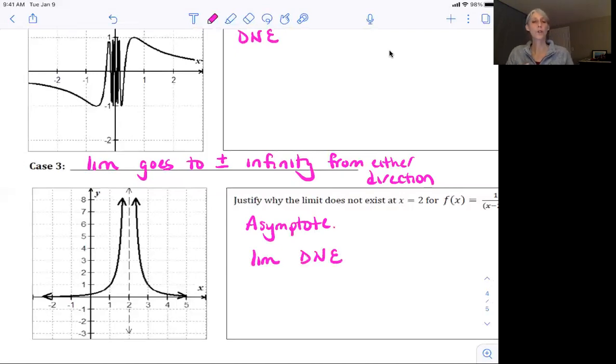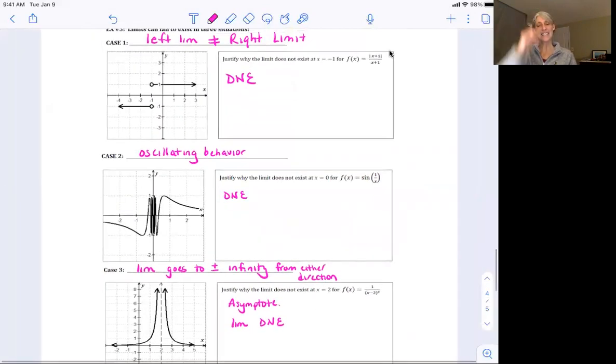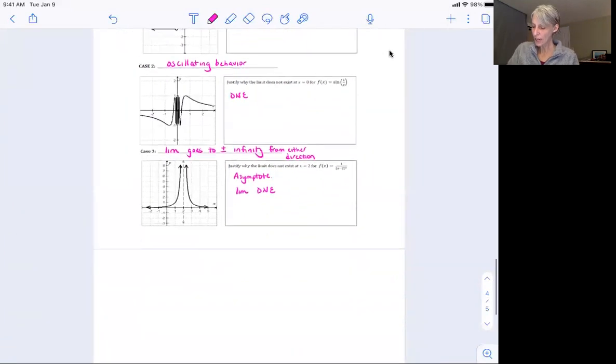So when there's an asymptote, the limit does not exist. And we are going to go into a little more depth in a few days. Right now, I just want you to visually be able to see the instances when the limit does not exist. So that was a lot for today.